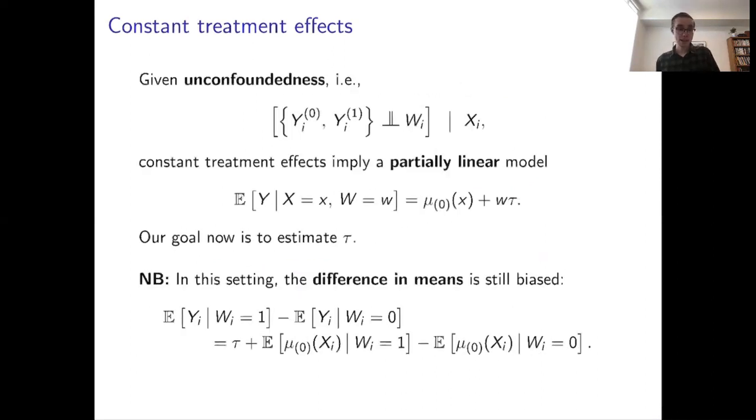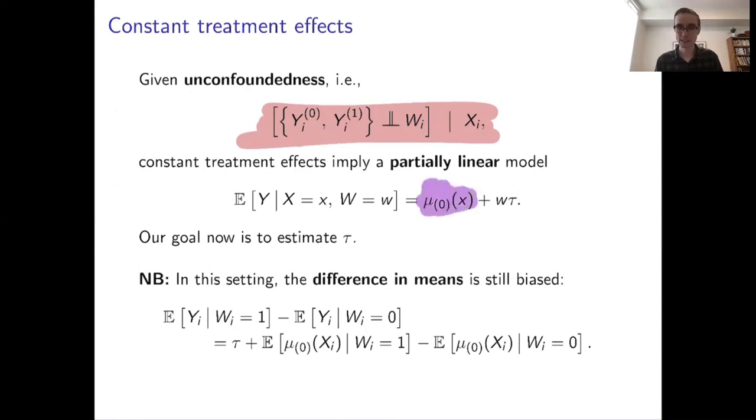All right. When we have this constant treatment effect model, we're also going to assume unconfoundedness, like throughout. And what this is going to imply is that unconfoundedness plus the constant treatment effect model is going to mean that the expected value of y, conditional on both x and w, is going to be decomposed as follows.